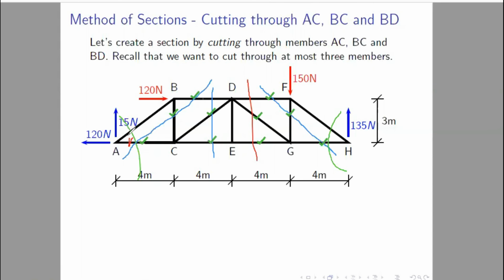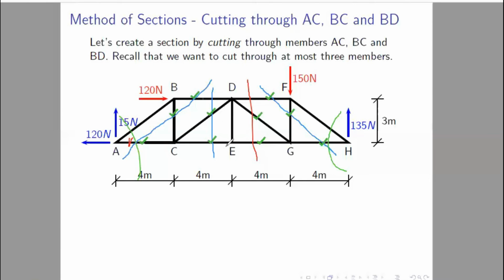So take out the free body diagram of the left side of this cut, and just apply sum of Fx equals 0 and sum of Fy equals 0. The member force DE is also left, and there are no hard and fast rules that the section has to be taken in one direction.